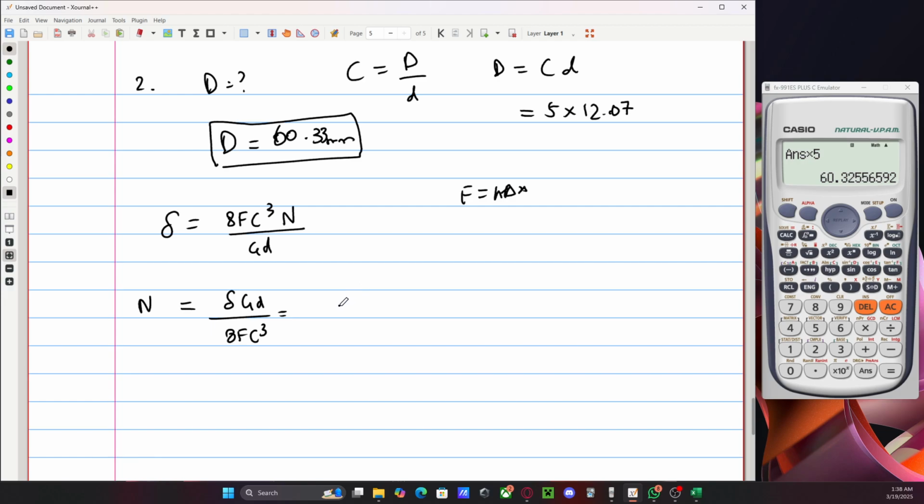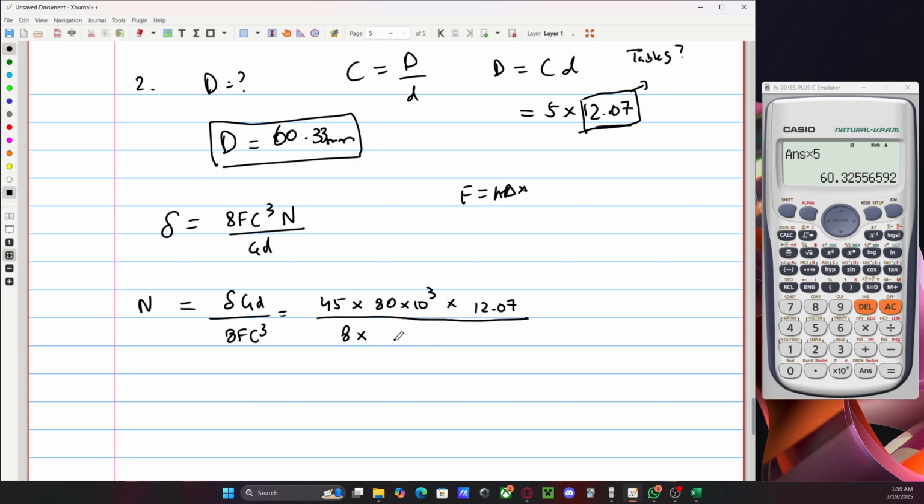We know the total deflection is 45, and G is 80 times 10 to the power of 3. Our diameter is 12.07. In reality, we're not going to use a diameter of 12.07. We're going to use what's given in tables. If asked to use a different diameter, we use the one just above this in the tables.